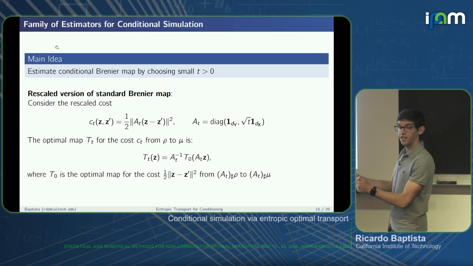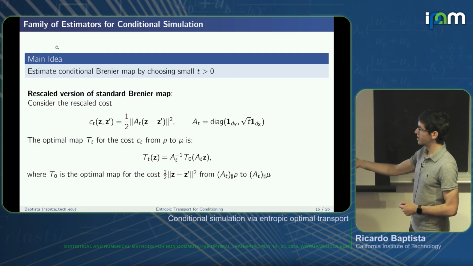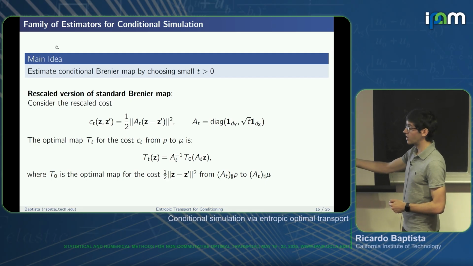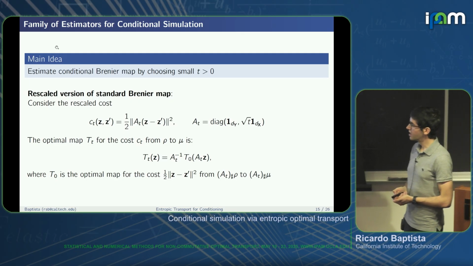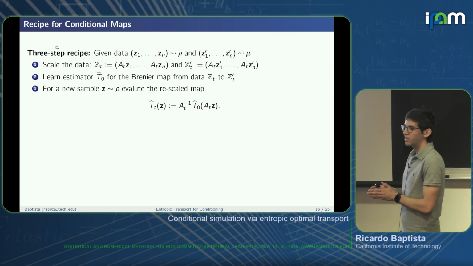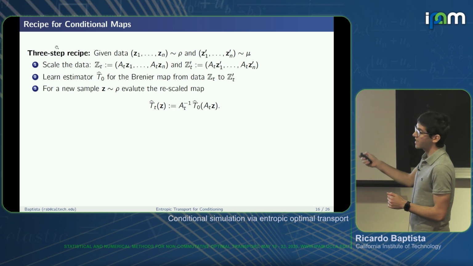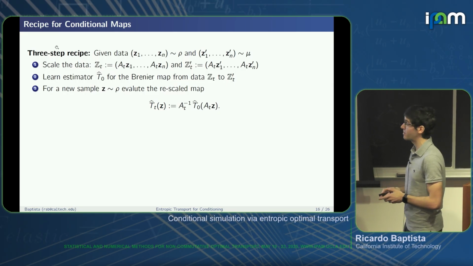And then just simply taking this standard Brenier map for the standard quadratic cost and composing it on either side with this matrix A_t and A_t inverse. So what this gives us is actually just a recipe in general for defining estimators for these conditional Brenier maps.